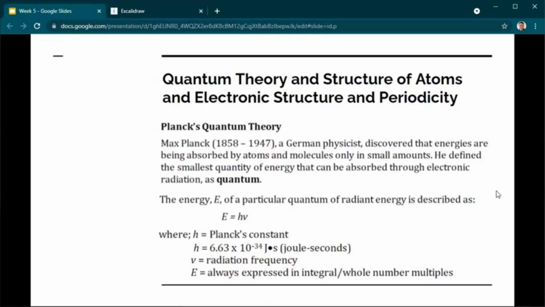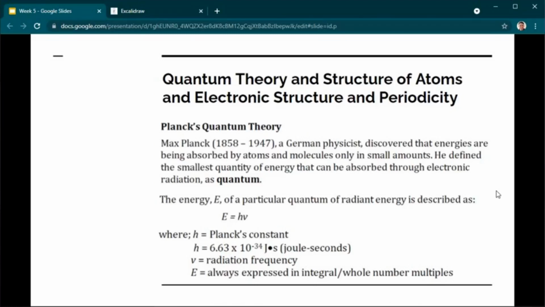The energy E of a particular quantum of radiant energy is described as E equals h times v, where h is Planck's constant, which is equal to 6.63 times 10 raised to negative 34 joule seconds, and v is the radiation frequency.